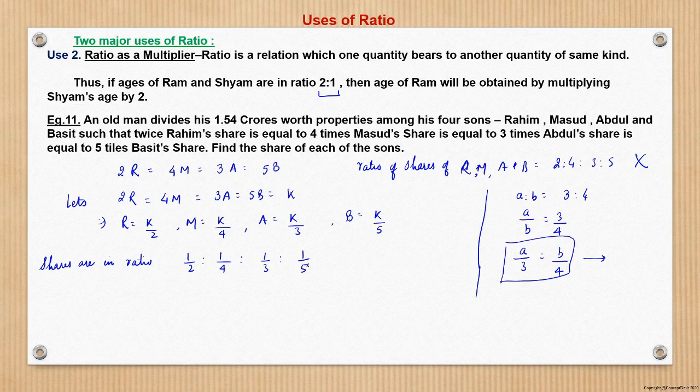Now we have learned how to analyze or interpret the ratio when it is given in fraction form. So we'll find the LCM. What would be the LCM of 2, 4, 3, 5? I think it is 60 only. So we'll then multiply each term with the LCM.